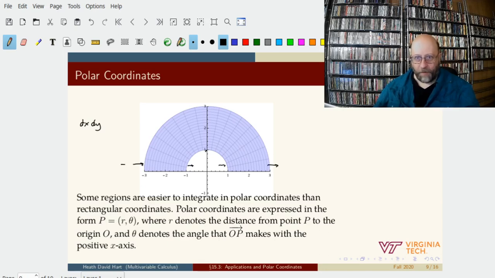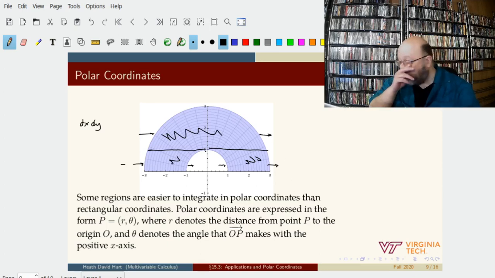So we'd have one integral for this part and one integral for this part. And then we'd have a third integral for this part up here when the arrow enters and leaves the region just one time. We would need 3 different integrals to do this in the order of dx dy.